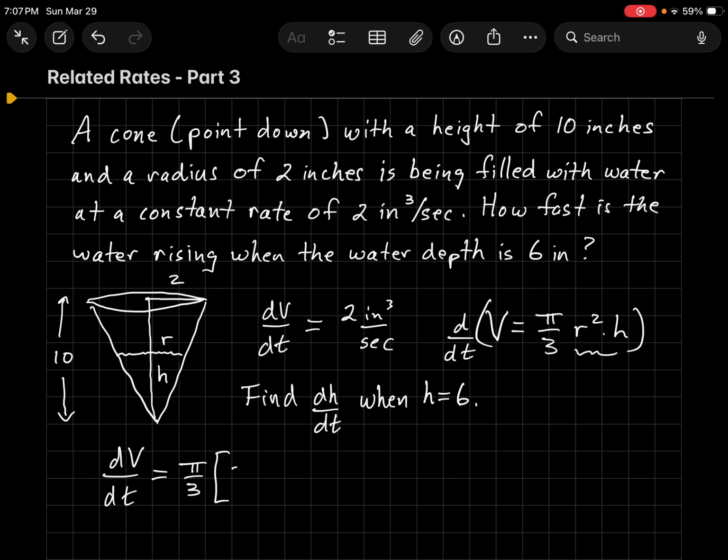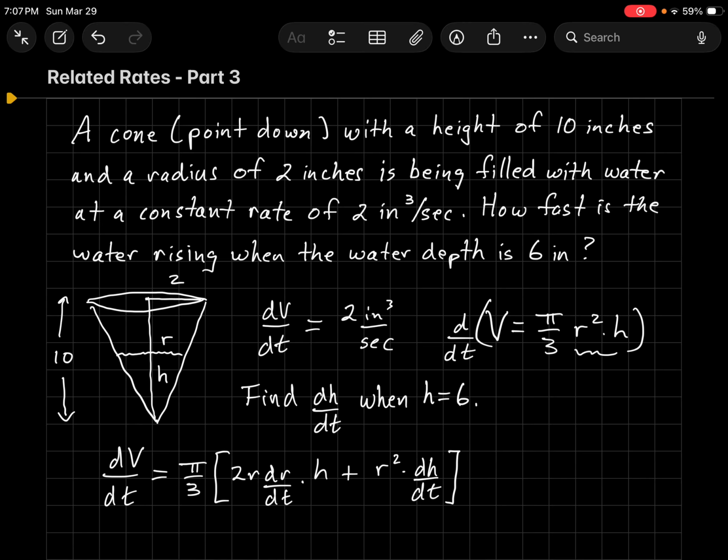So we have 2r. Variables don't match, so we chain out. Leave the h alone. Plus, it's very common that students don't do the product rule where they should, because it's a product. Now plus, leave the r squared alone, times the derivative of the h and chain out. And I get times dH/dt.